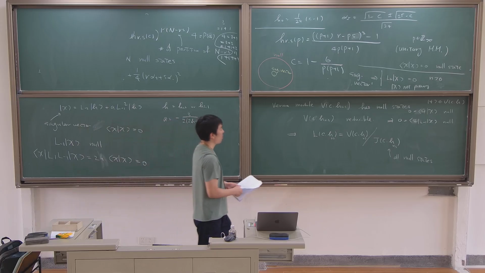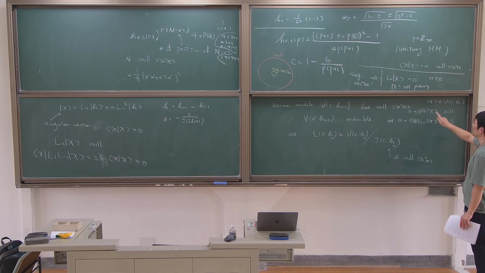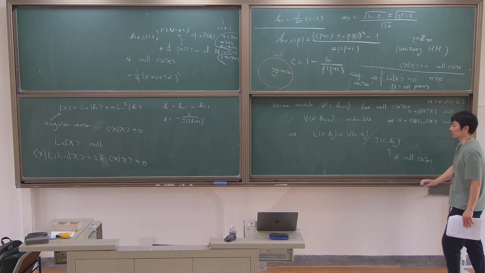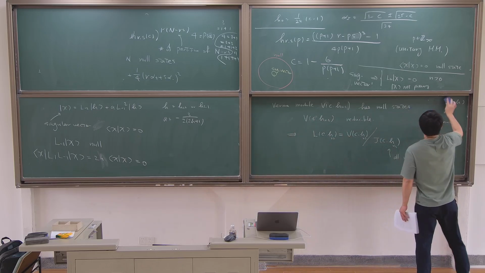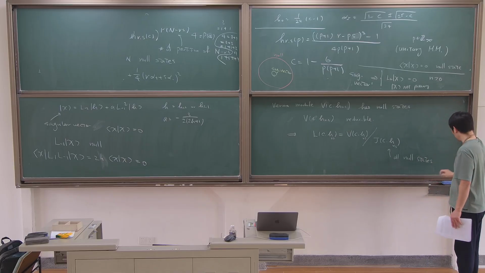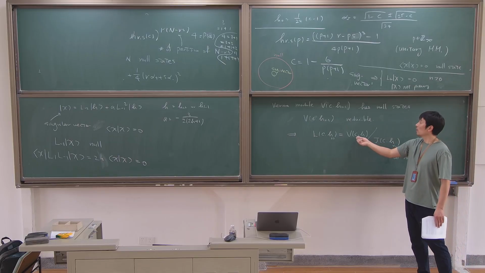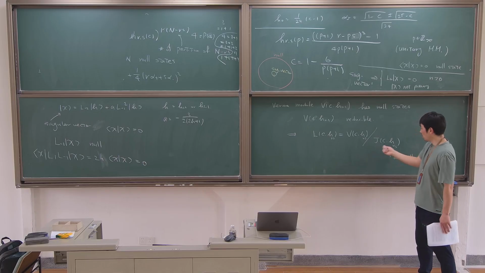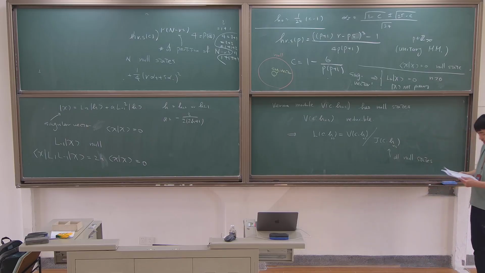What's important is that given a null state, its descendants are all null. Therefore, if you quotient the Verma module by all the null states, you get the irreducible representation of the Virasoro algebra. That's how you get the irreducible representation of the Virasoro algebra. Fine.